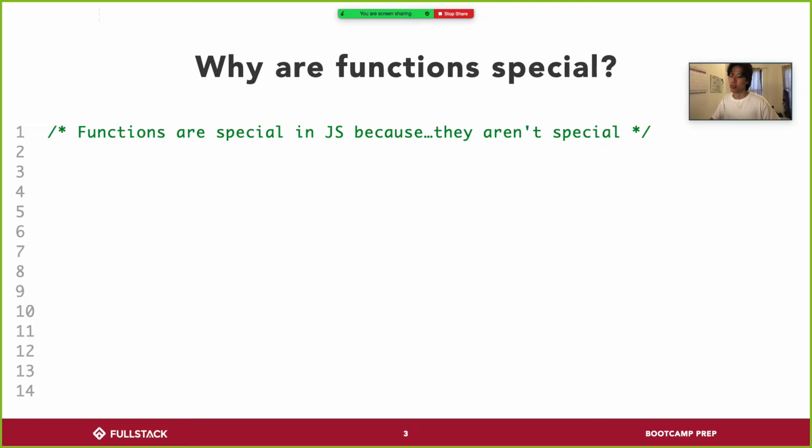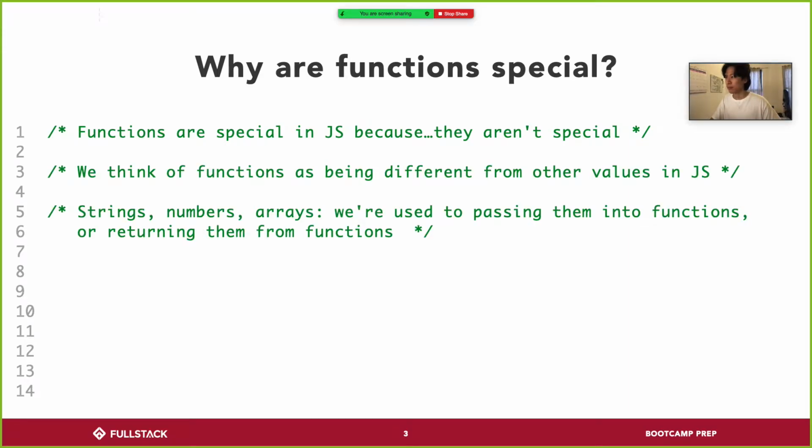You can just pass them around as freely as your heart desires. We're used to passing all these other data types, but we're not used to passing functions. But this is a key component of what allows websites to function in an event-based manner: the ability to pass functions into other functions.